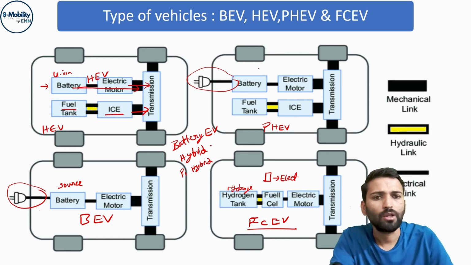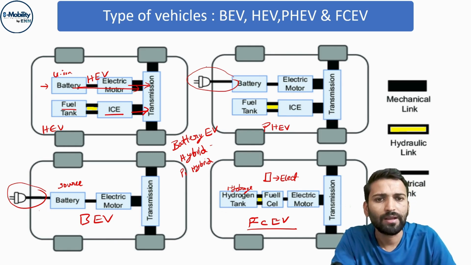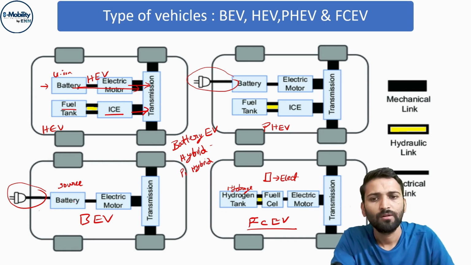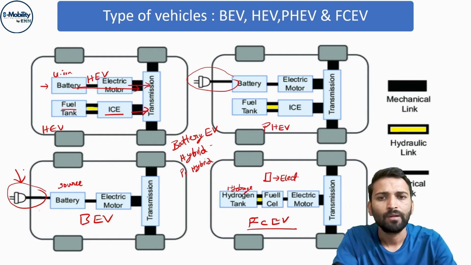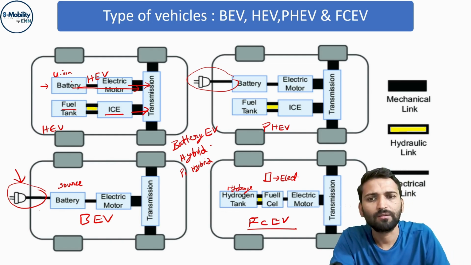When we are talking about PHEV, we know that it can be charged using an external charger or external source. In case of the battery electric vehicle, it can also be charged using an external source. Here is a charger. But how can we charge this battery in the HEV? It can be charged using the IC engine.